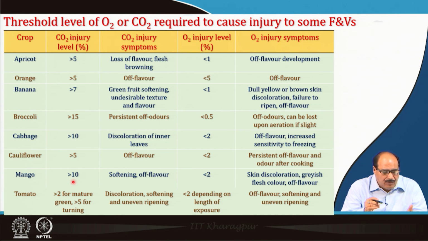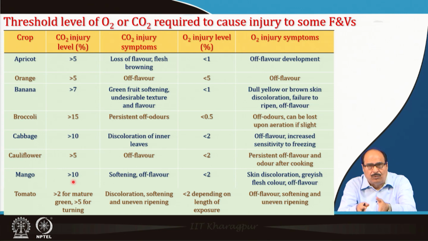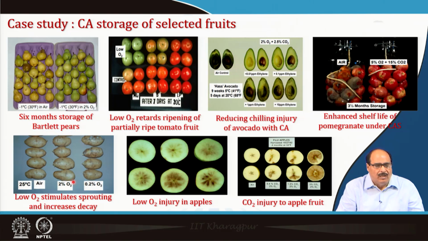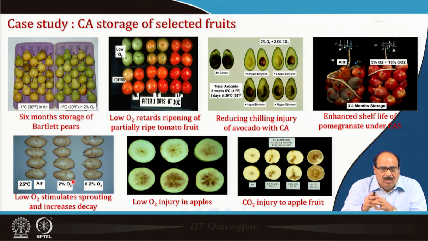For tomatoes, the CO2 injury level is more than 2% for mature green and more than 5% for turning tomatoes, whereas less than 2% is the O2 injury level, depending upon the length of exposure. The CO2 and O2 injury symptoms are described in this table.